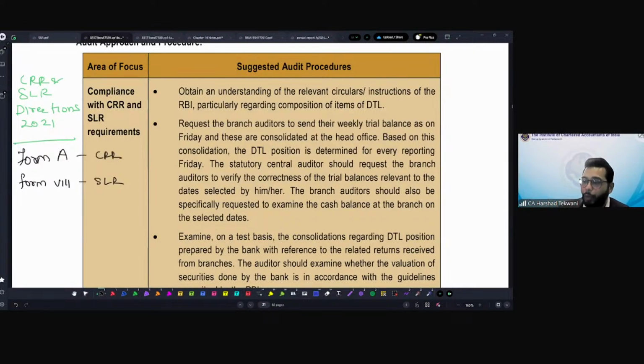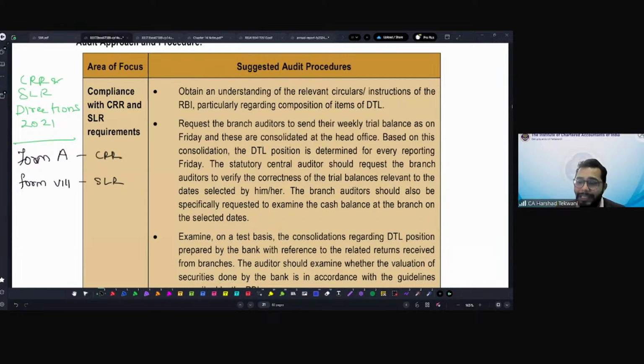So fortnightly reporting happens, and there they are required to report whether on 90% of the days CRR was maintained or not. Same way, there is a way to calculate net demand and time liabilities. We need to first understand that, and then whether it has been calculated appropriately or not.